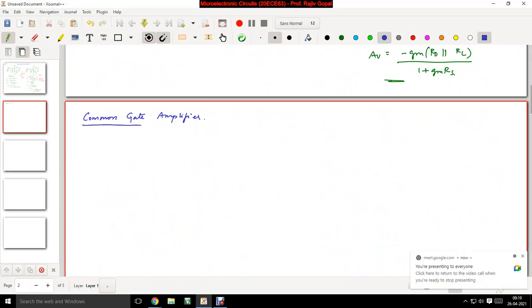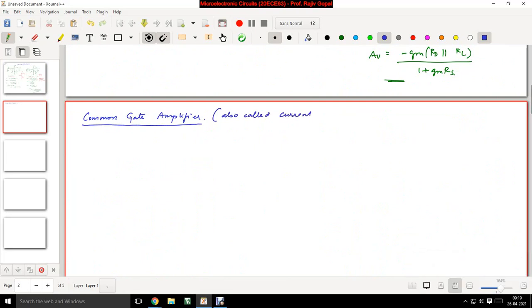This is also called a current follower or unity current gain amplifier. We'll see why it is like this.